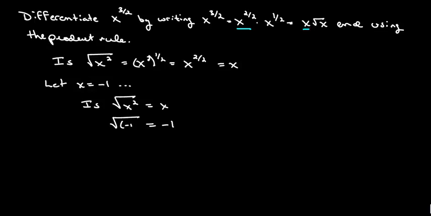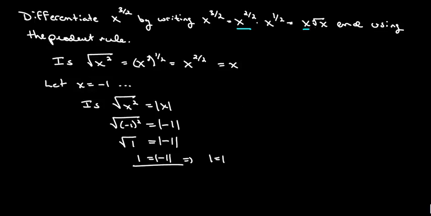When I plug in -1 squared, I get +1, and the square root of 1 is 1, and they are not equal to one another. So what we usually say is that the square root of x squared is equal to the absolute value of x. Now that corrects our situation. 1 is equal to 1.